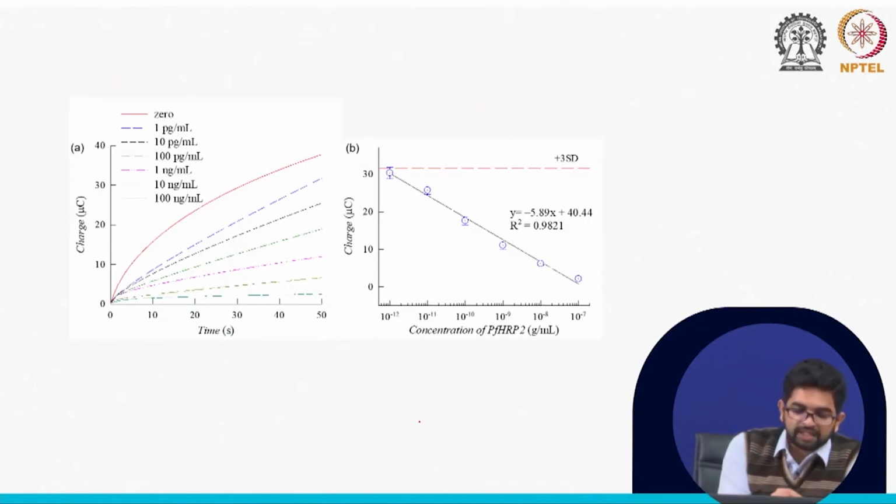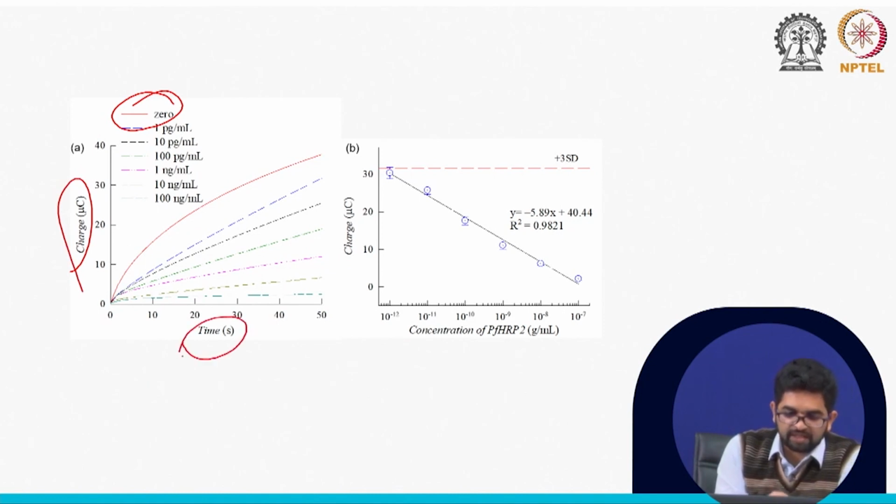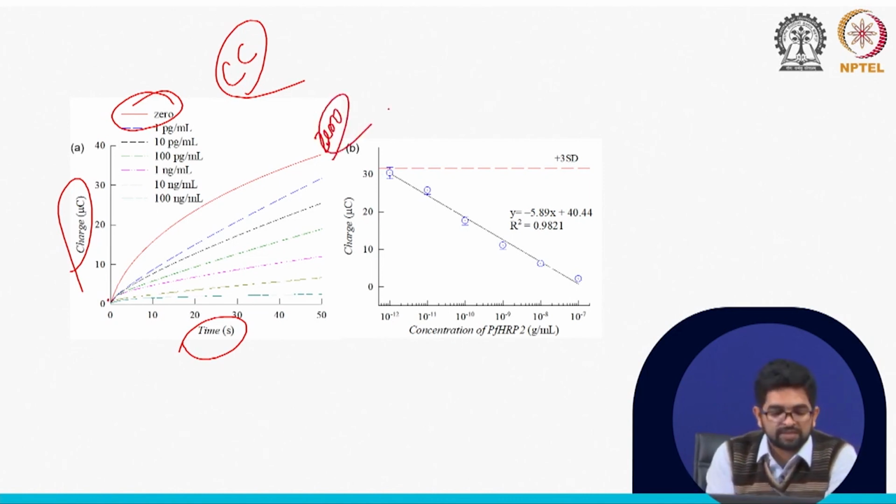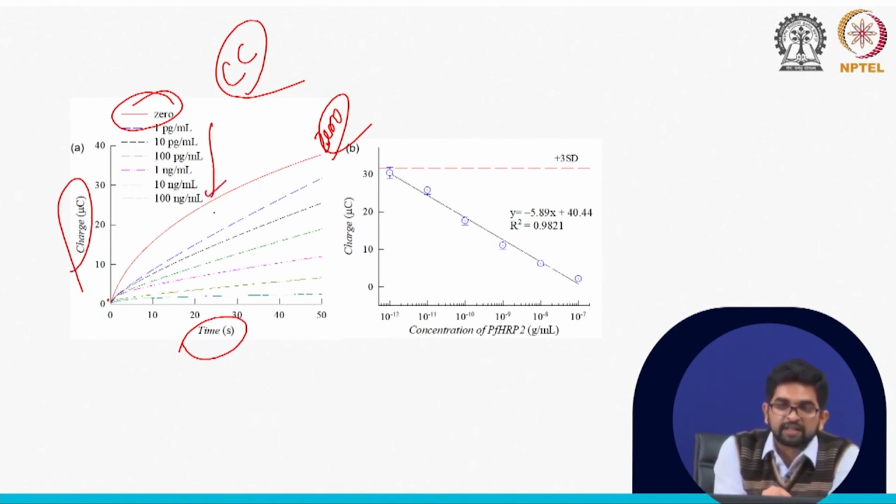Let us show you some data. See, these are zero data. At the very beginning, if you measure charge versus time, this is coulometry, right? If you measure charge versus time, at the very beginning is a very high charge. This is 0, very high charge. Now see, slowly we are increasing the concentrations of the target.